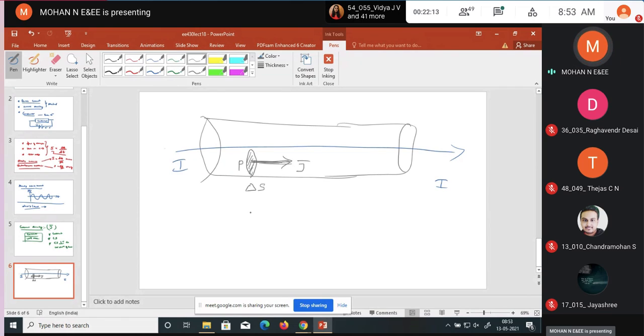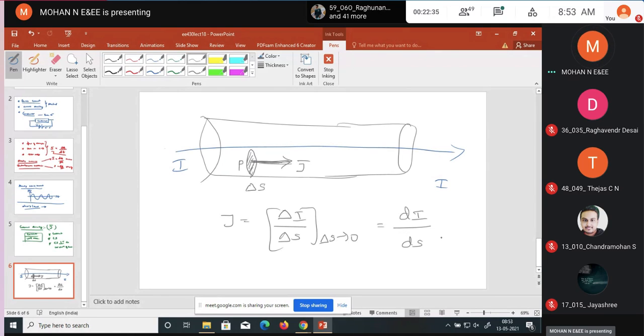J you can write as delta I, the change of current, with respect to the small cross section delta S, as delta S tends to 0. You can also write this as the current crossing through the cross section of area.